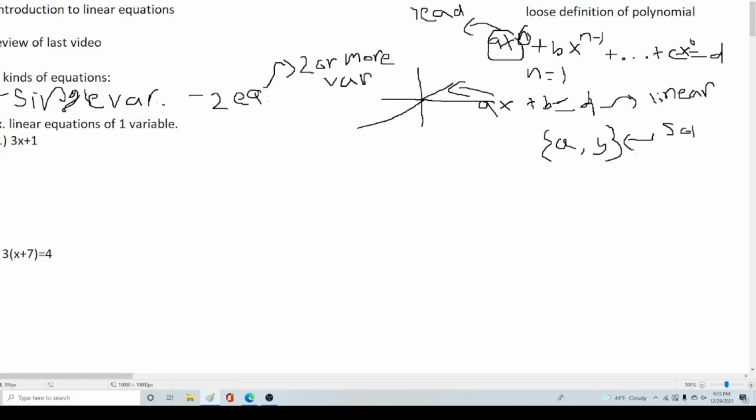This is what we call a solution set. Now, you can write it as x is equal or y is equal, but typically we write it in this notation, brackets a and b, comma, c, d, any numbers as we go through. The reason being is that it makes our work more organized.